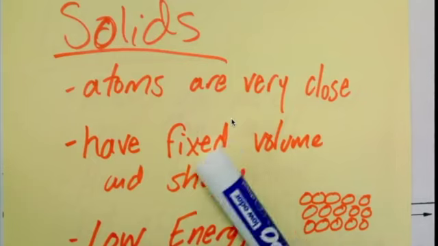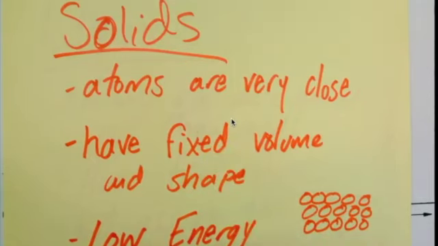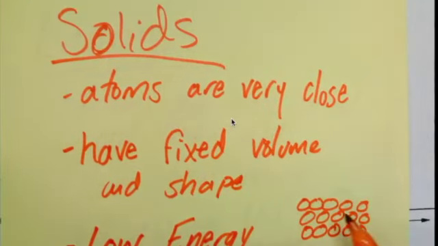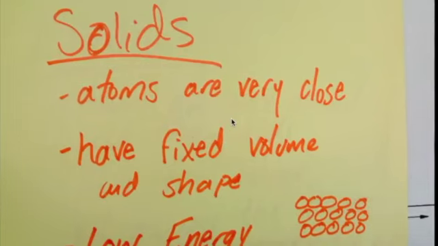It's marker shaped, it always is, regardless of what I do with it, and it takes up a certain amount of space. Solids during this phase of matter have relatively low amounts of energy. So remember, atoms are always moving around and vibrating, but in solids, they're not moving quite as much. They're never perfectly still, but they just like to hang out together.